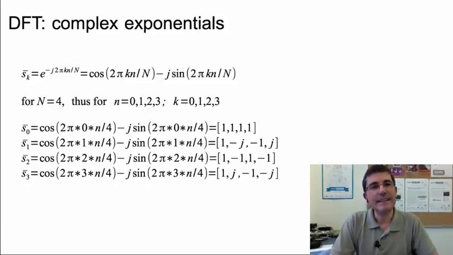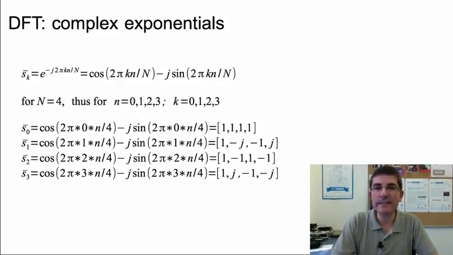As we said, in the DFT equation, the input signal X is multiplied by a series of complex exponentials, complex sine waves. These sine waves are the basis functions of the DFT, the components that we will identify and measure in the input signal.